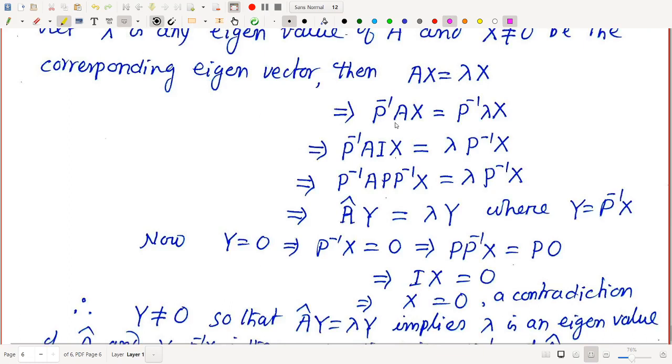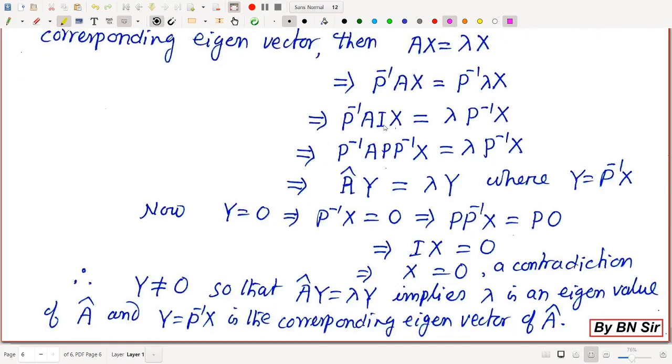Then A we can write as AI also, and lambda, a scalar, can be taken out to the first position. Now I we can write as P P inverse. Now this P inverse AP is A cap, and this P inverse X let us name as Y. So A cap Y equals lambda Y.